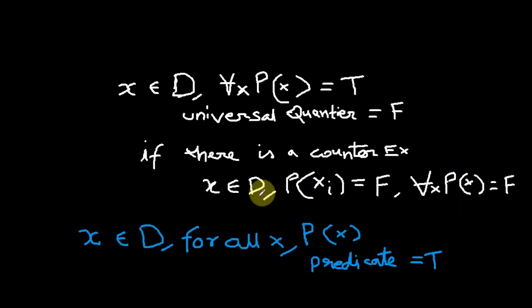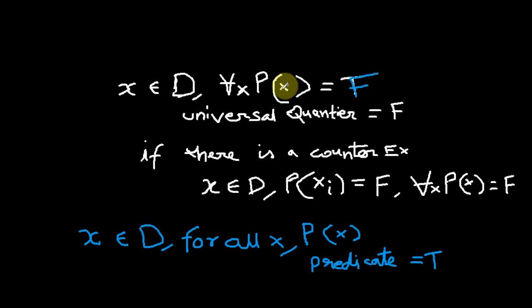I said xi because there could be more than one value: x could be 3, 4, 5, anything. So I'm assuming that from the domain I can take any x, and if for some x the predicate becomes false, then we can say the universal quantification is false.